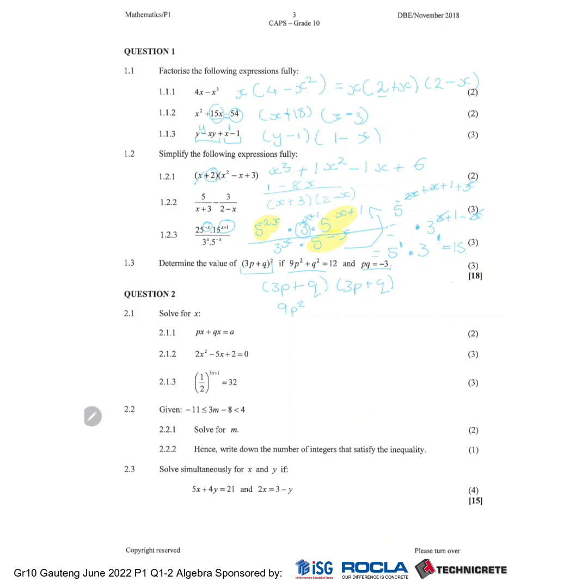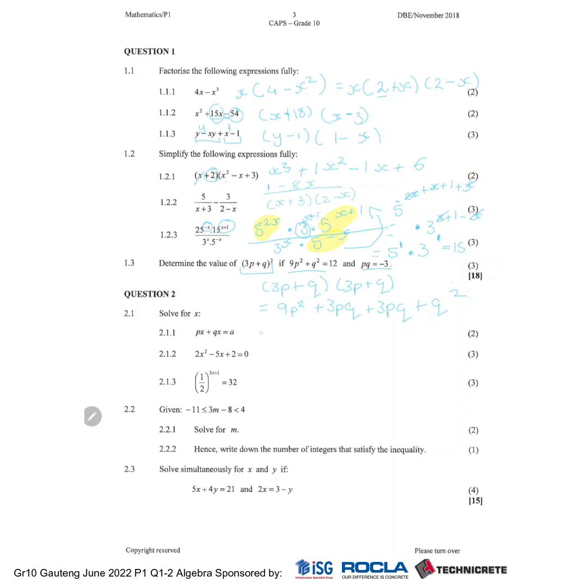Sorry, 3p times 3p is 9p squared, and 3p times q is plus 3pq. And then q times 3p is also 3pq. And then q times q is q squared.